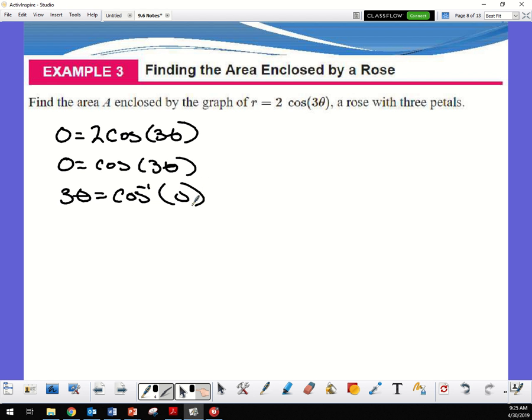What is arc cosine of 0? Pi halves. So we get pi over 2 equals 3 theta. It's not the only place, but that's the closest place for what I'm going to do. Then divide both sides by 3, so theta should be pi over 6.